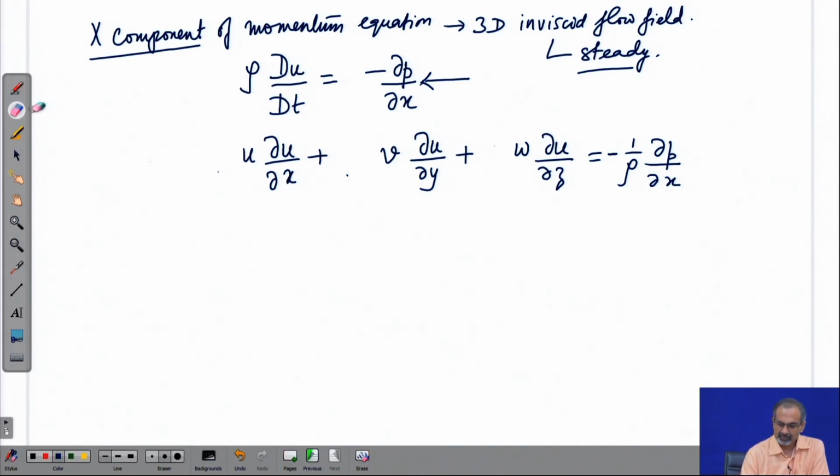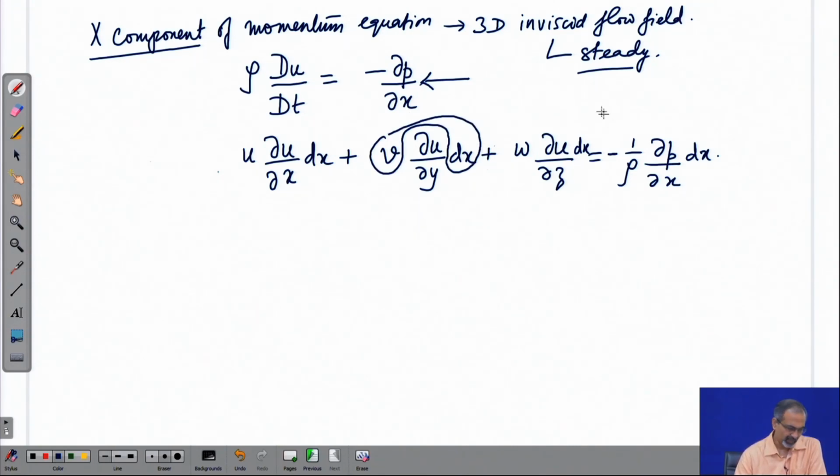So, if you do that, what are you going to be left with? Let us try to write it down. So, you are multiplying each of these terms by dx. That is what you will have after you multiply. When you are done with that, you try to keep 2 terms identified. You have a v dx here and you have a w dx here.